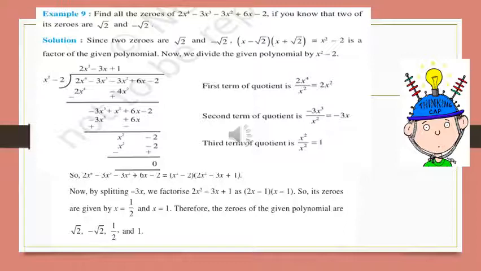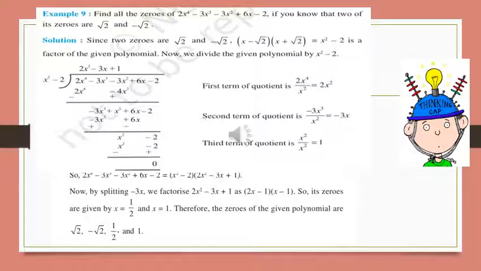Now these are the factors. How will you get the zeros? We write 2x minus 1 equals 0, that gives x equals 1 by 2. And x minus 1 equals 0, that gives x equals 1. Already root 2 and minus root 2 are the factors and zeros, so here we get 1 by 2 and 1.